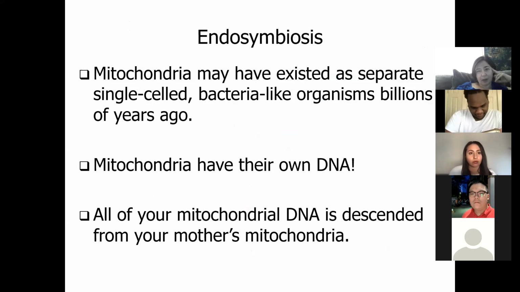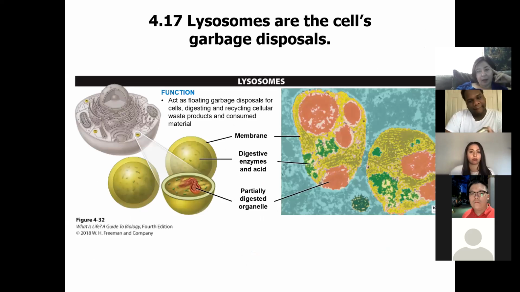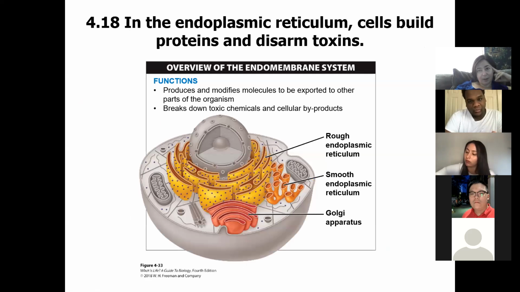Okay, so I explained to you about endosymbiosis. Lysosomes, organelles that actually do the sanitation, keeping your cell's interior clean, right? So garbage removal. Okay, so as I said, protein synthesis takes place in this organelle called endoplasmic reticulum.